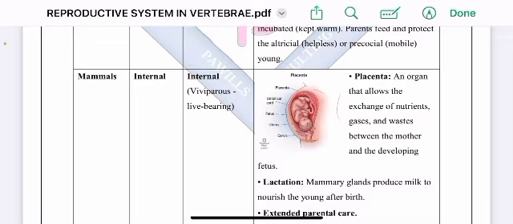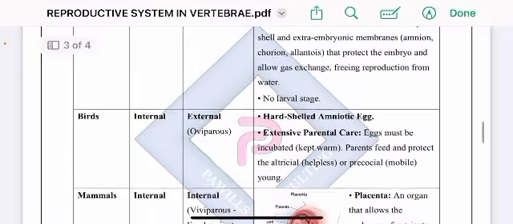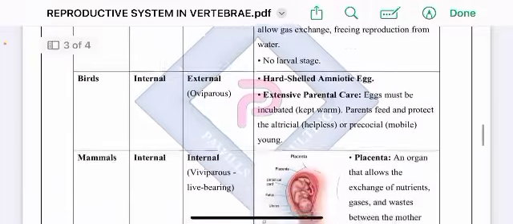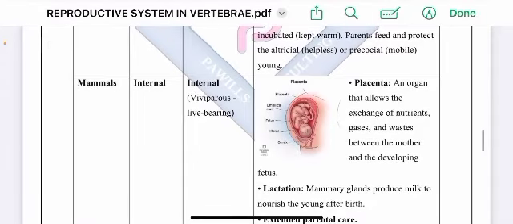When the baby is given out of the body through the vagina, it is born alive. Unlike the birds and the reptile, where it is produced as an egg, then development takes place. Now development is internal, everything is internal, and they deliver the young one alive. So it's called viviparous.